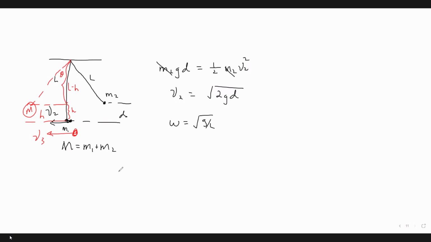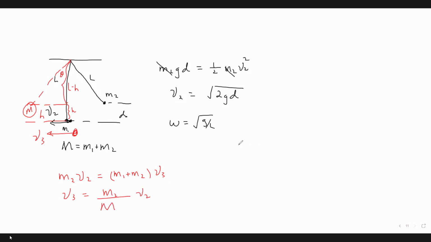Okay. So now we have M2 V2 equals (M1 plus M2) V3. So V3 is equal to M2 divided by the composite mass times V2.